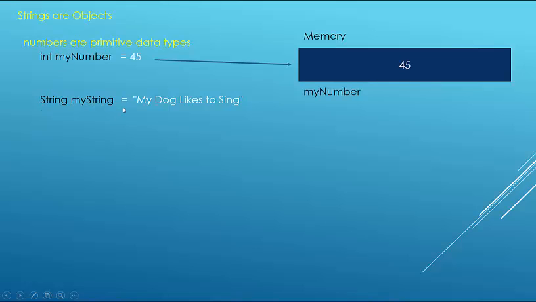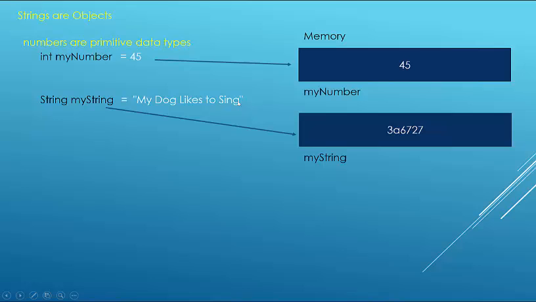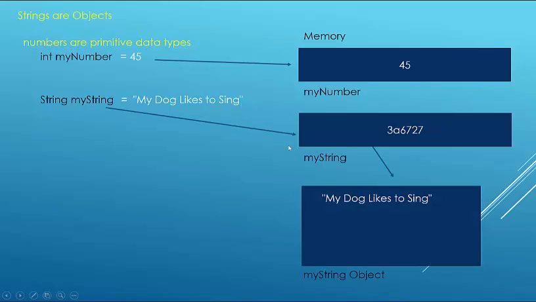We'll understand this more and more as we go along. Like I said, this is sort of pushing you off the deep end, and we'll make it make more sense as we go along. But once we assign myString this literal string, what actually happens is the object is created, but the variable myString stores a location in memory, which is an address of where the object is stored.